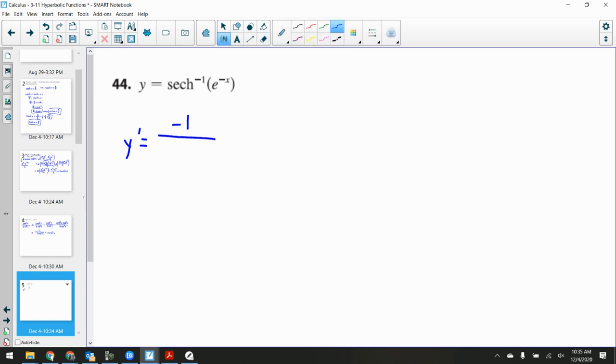Negative 1 over x, and the formula sheet says x times the square root of 1 minus x squared. Our x is e to the negative x. So this is e to the negative x times the square root of 1 minus e to the negative x, squared.